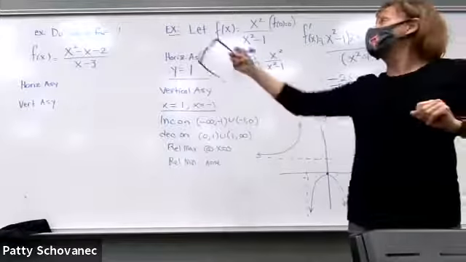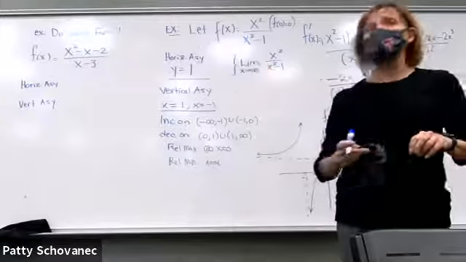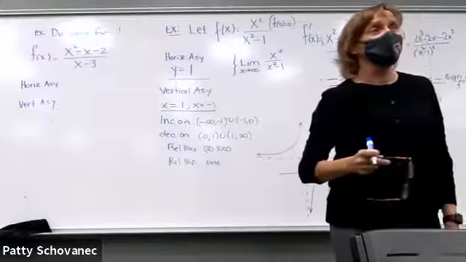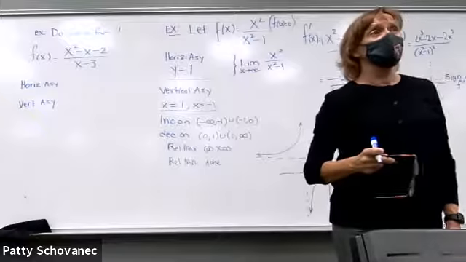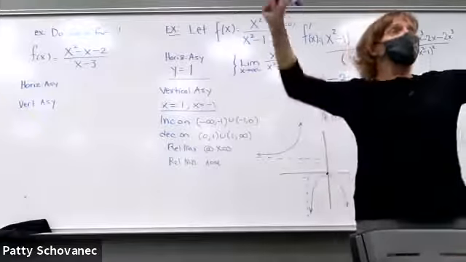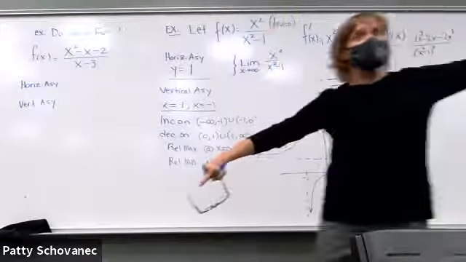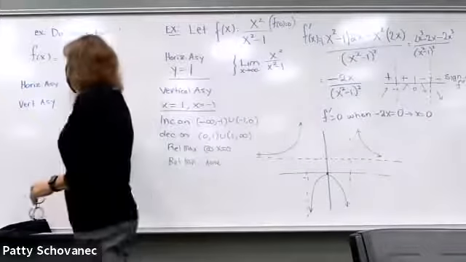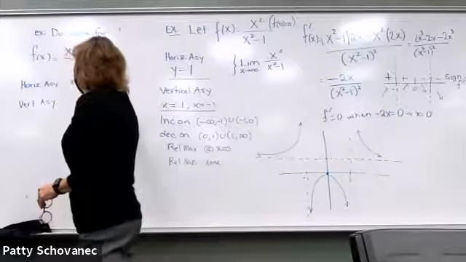What happens to an expression where the bigger power is on top than it is on the bottom? The ends go up or down, right? There's no horizontal asymptotes because it's top heavy.